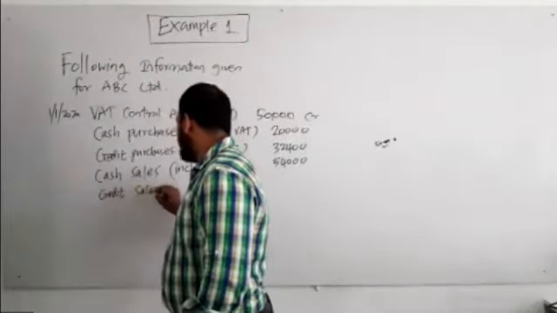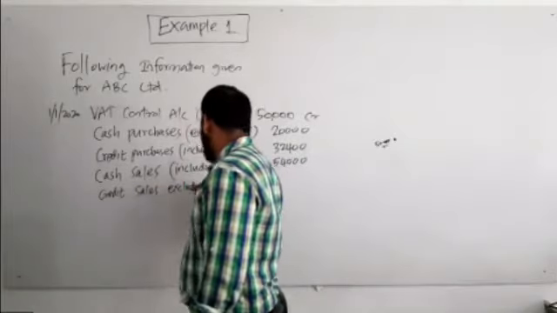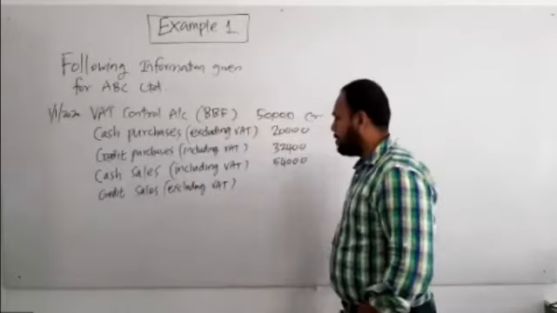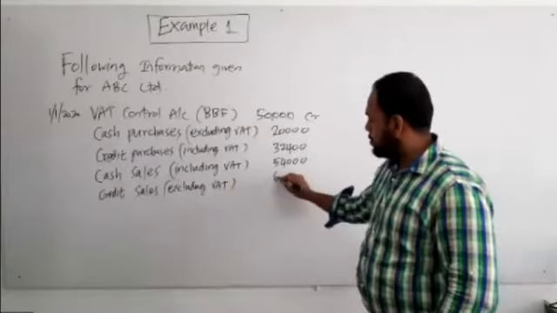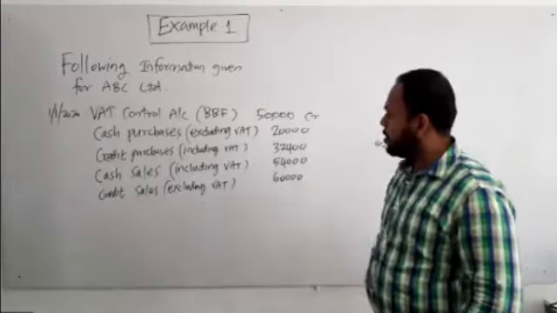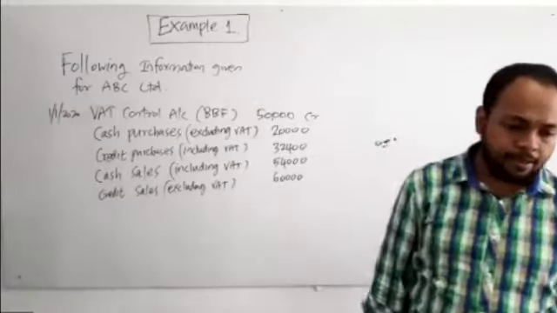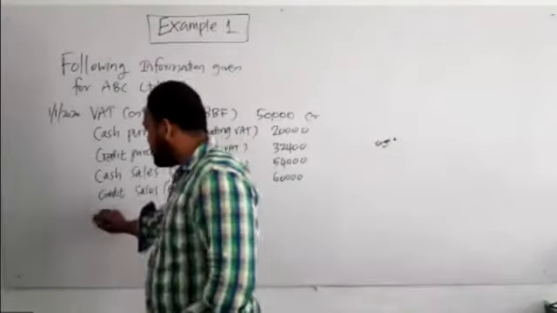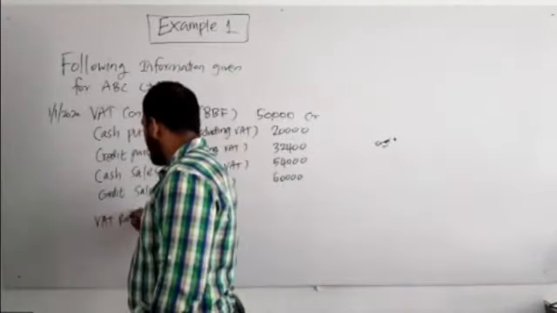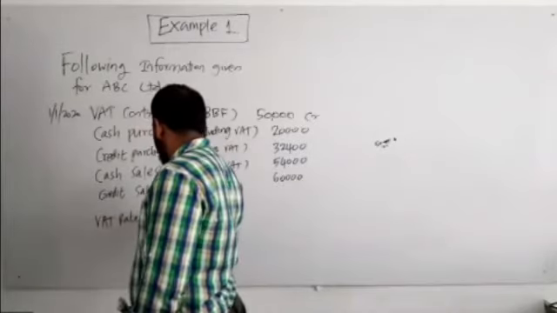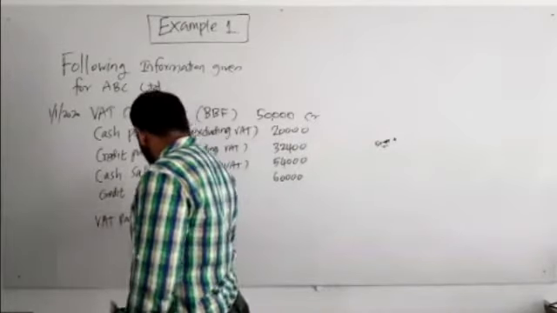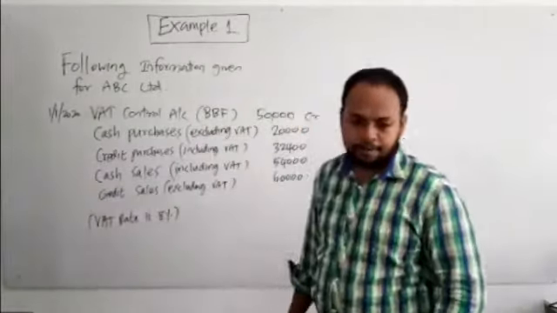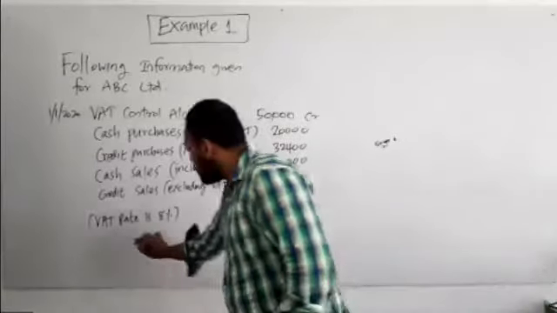Then credit sales excluding VAT, 60,000. When it says excluding VAT, 60,000. VAT rate is 8%. Prepare the VAT control account.